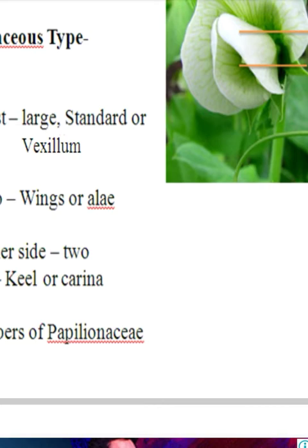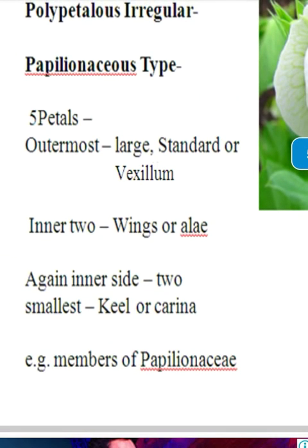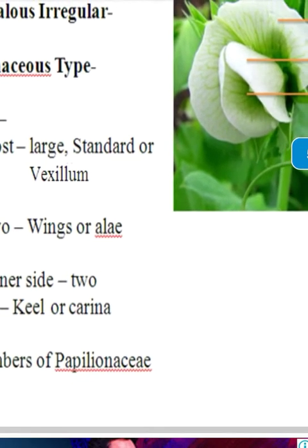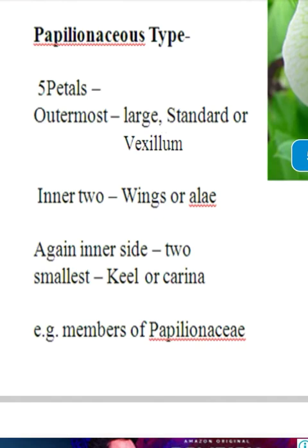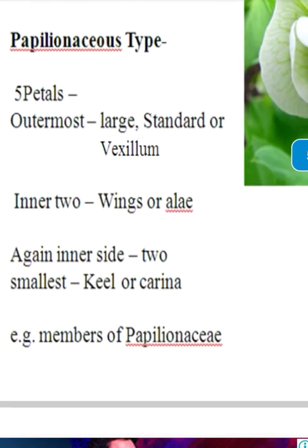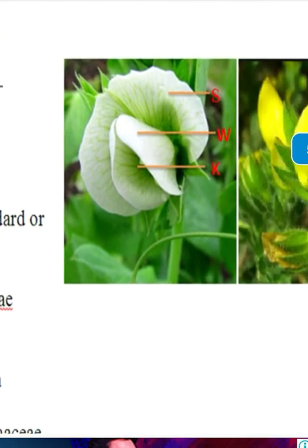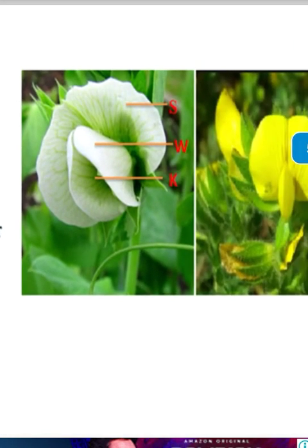They are called keel or carina. So total 5 petals: outermost standard or vexillum, inner 2 wings or alae, and again inside the wings there are the 2 smallest, that is the keel or carina. Look at the figure, very clear structures are seen.